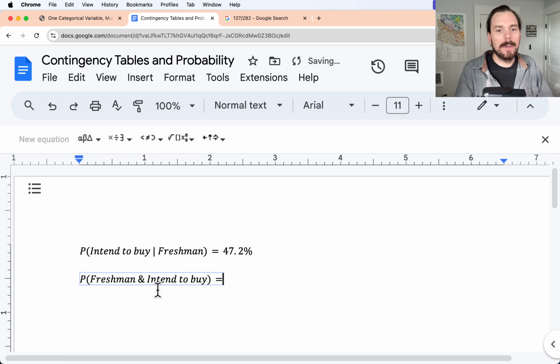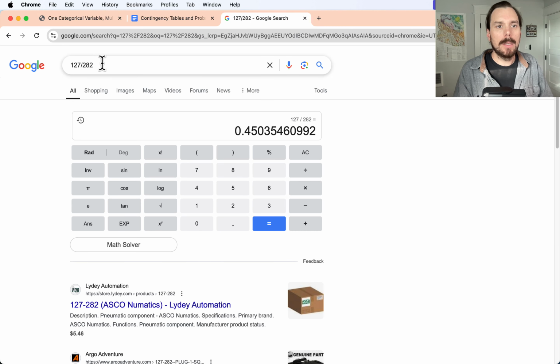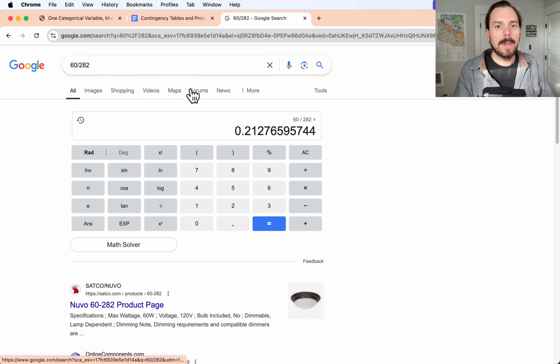This one we call an intersection. This is just going to be the number of people who meet both criteria, who are basically where those two things intersect. That's 60 people right here. But since we're talking about the whole entire group, we divide back by the whole. That one's not going to be displayed within this table. 60 out of 282 for that. So that one's about 21.3%.